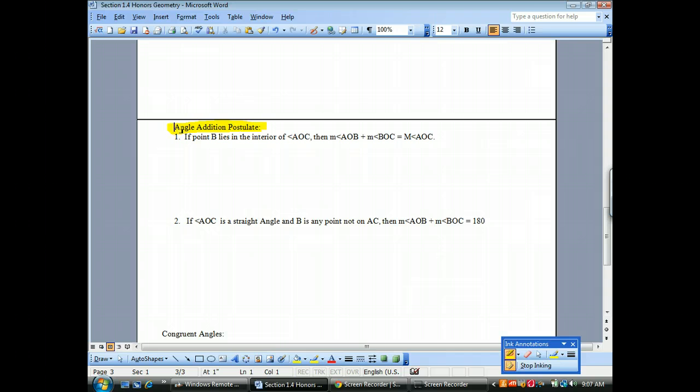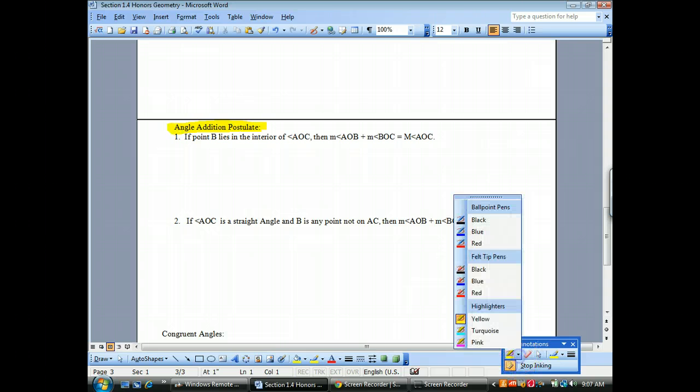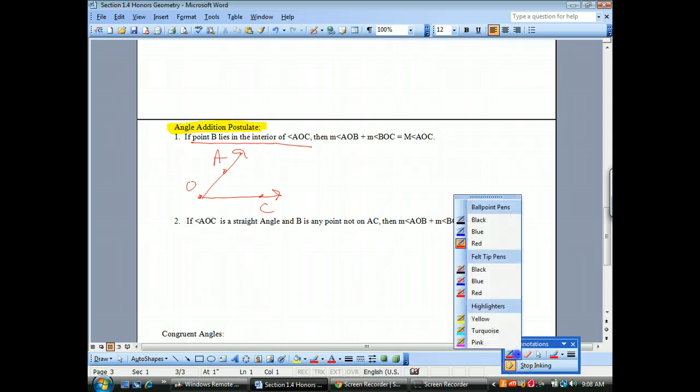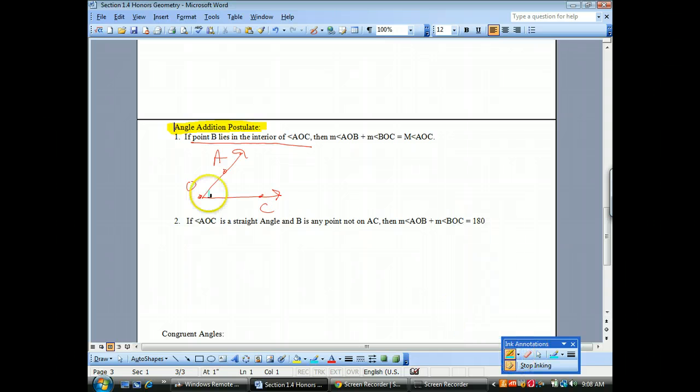And it says, the hypothesis says that if B lies in the interior of angle AOC. So you have some angle AOC, and in the interior would be in here.